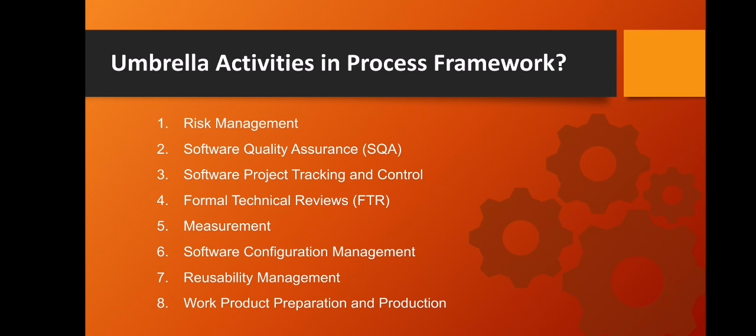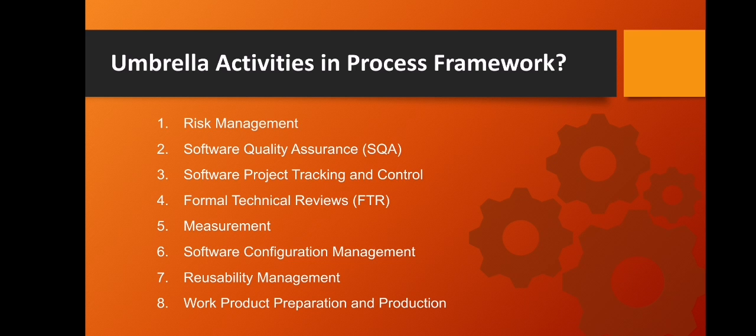Fourth is the formal technical reviews, or FTR. It assesses the software engineering work products in an effort to uncover and remove errors before they are propagated to the next activity. Fifth will be measurement.